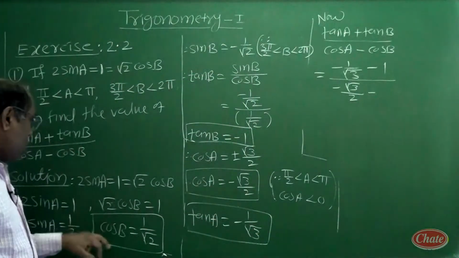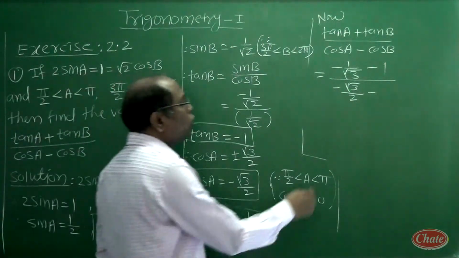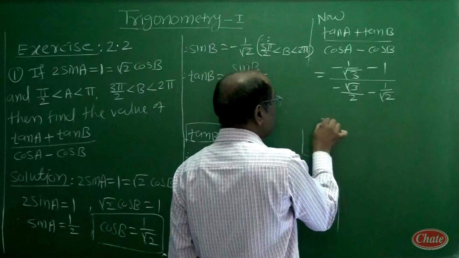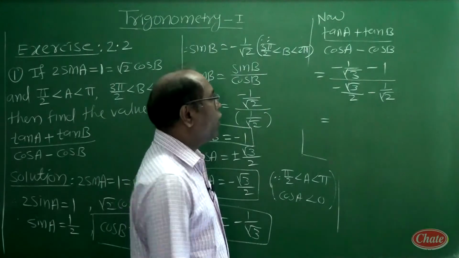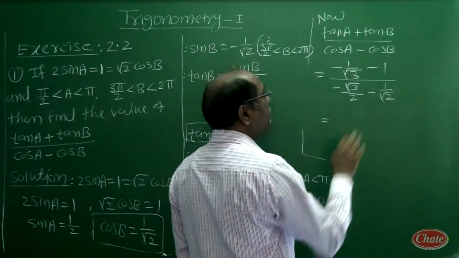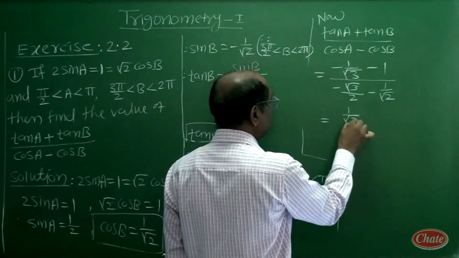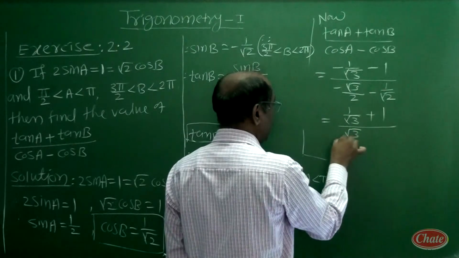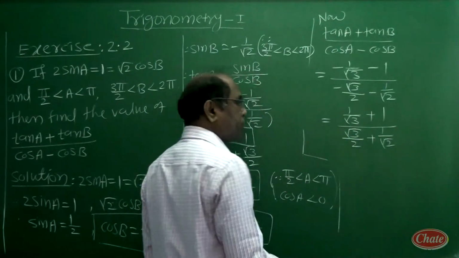The value of cos B is 1 upon root 2. Now taking minus sign common from numerator and denominator, or multiplying numerator and denominator by minus 1, what do we get? 1 upon root 3 plus 1 divided by root 3 by 2 plus 1 upon root 2.